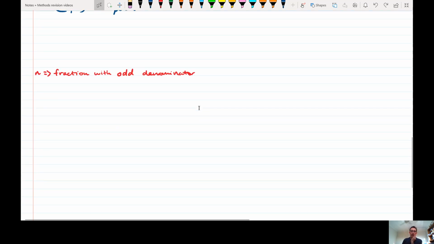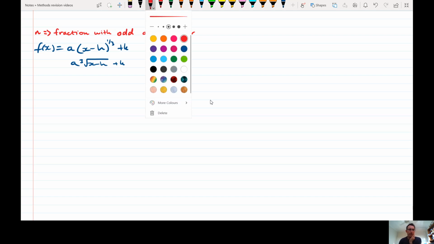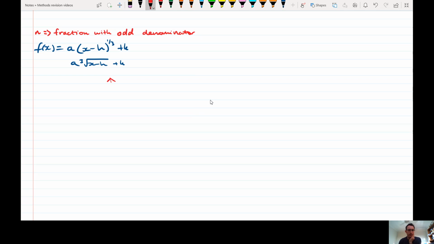But with an odd denominator, so something like the power of 1/3, that would be like our cube root graph. It doesn't form an endpoint, but it forms another kind of inflection point. Well, it's analogous to the inflection point for your cubic, anyway.